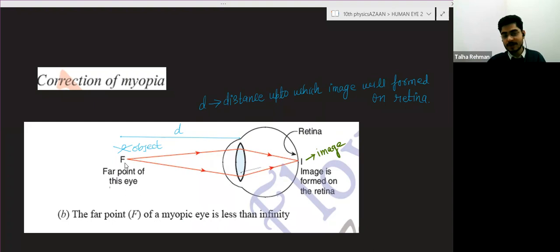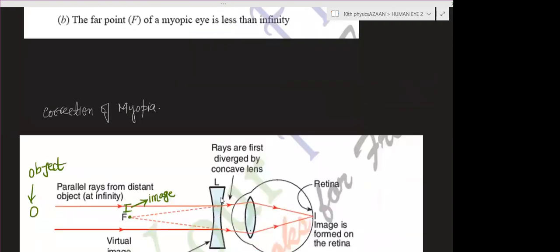If the object is at infinity, then only the rays will be parallel. But here, this object is not at infinity. That is why the rays are diverging in nature. Okay, sir. Sir, can you scroll?